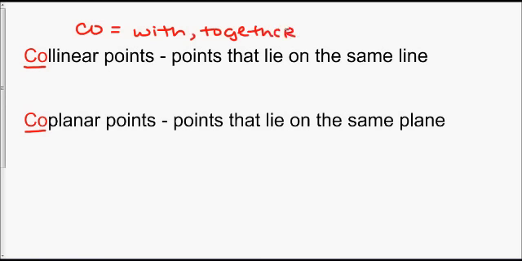So if you have collinear, you see the word line here. Collinear points are points that lie on the same line. And then we have coplanar, so plane: coplanar points are points that lie on the same plane.